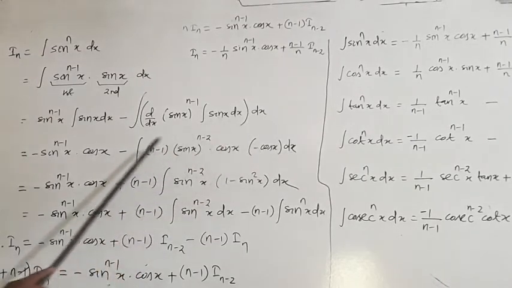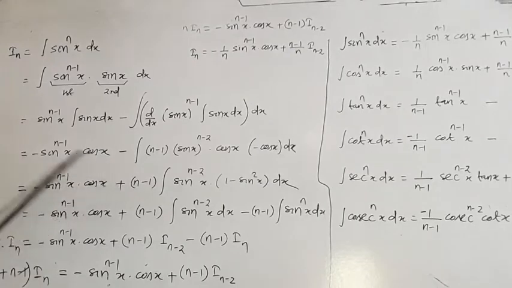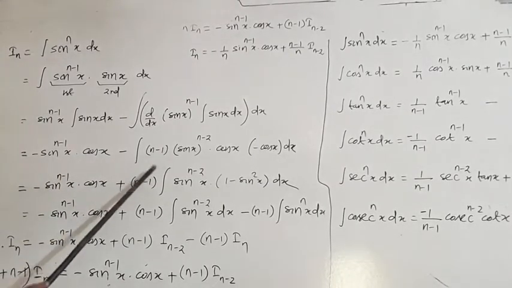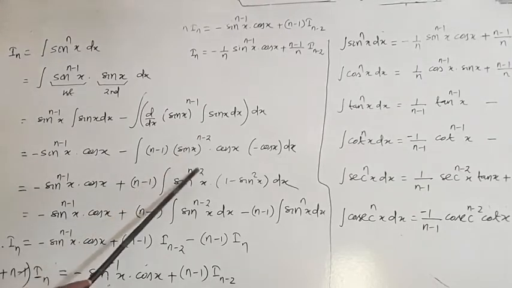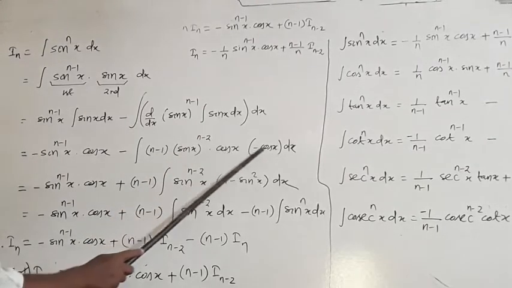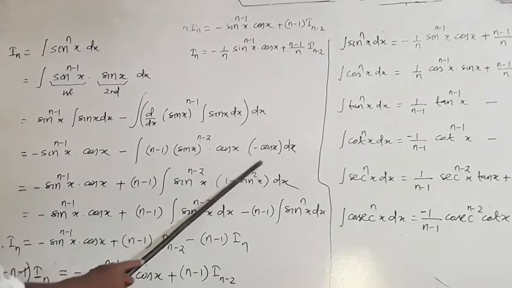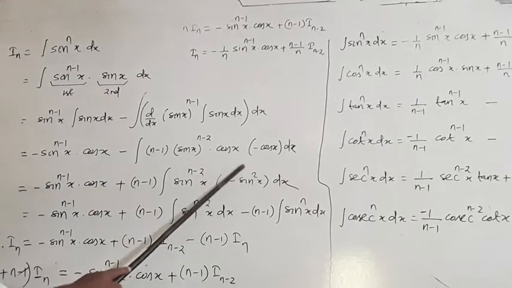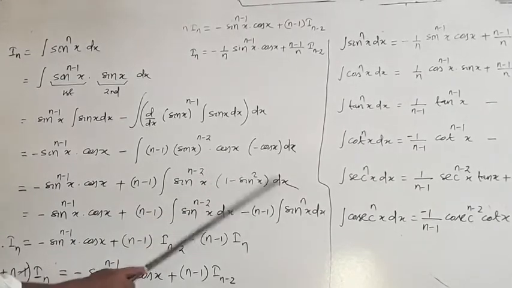This is minus; take common, plus. It is sine power n minus 1 x cos x plus n minus 1 sine power n minus 2 x into cos x. If they multiply, it becomes cos square x, which is 1 minus sin square x, dx.